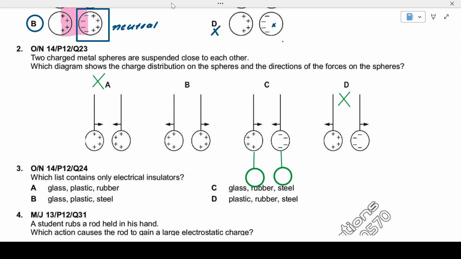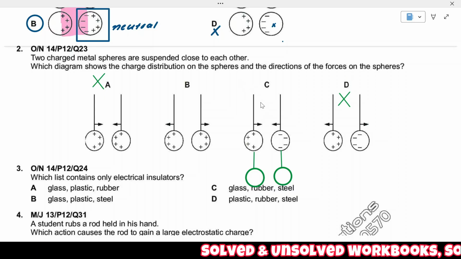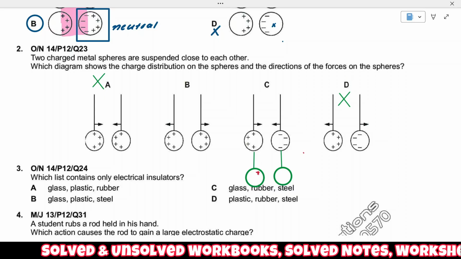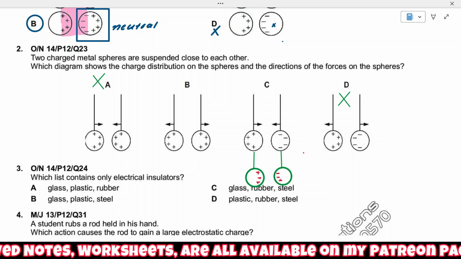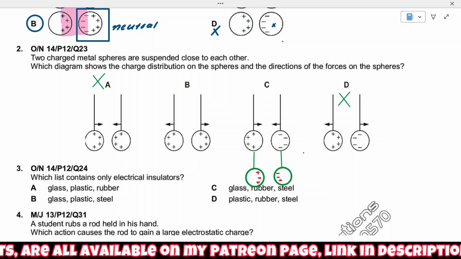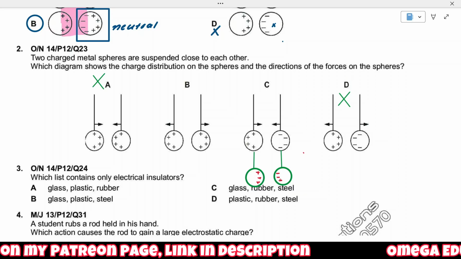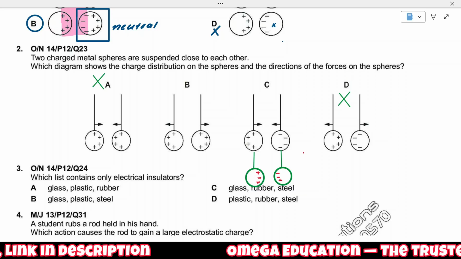So the positive and negative one should have been right in front of each other. So it should have looked something like this, if they are attracting each other.